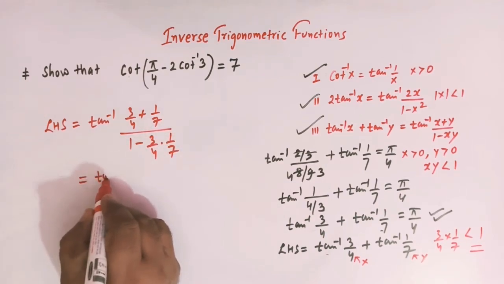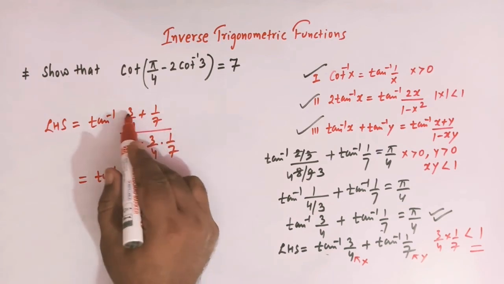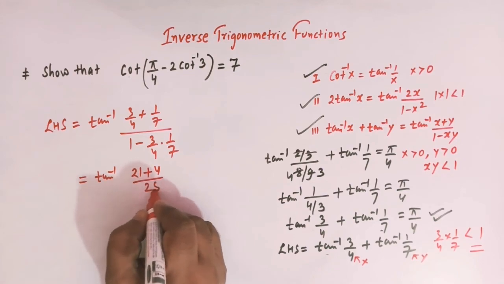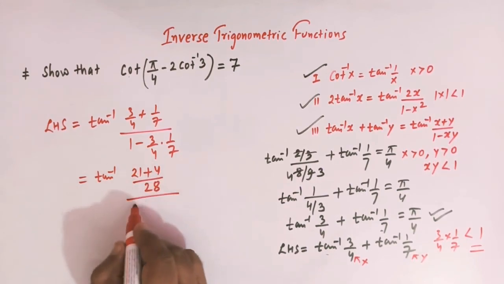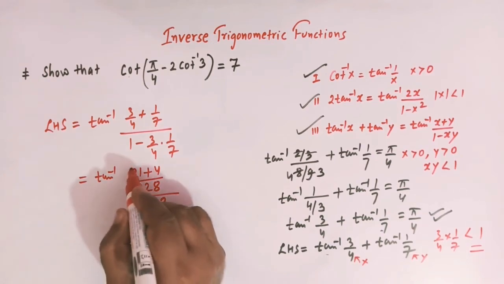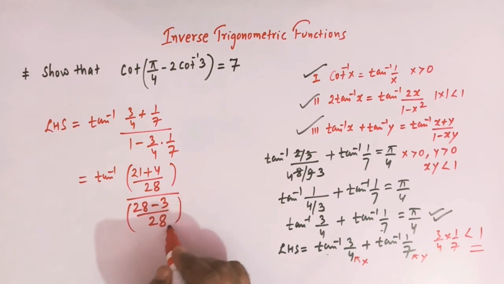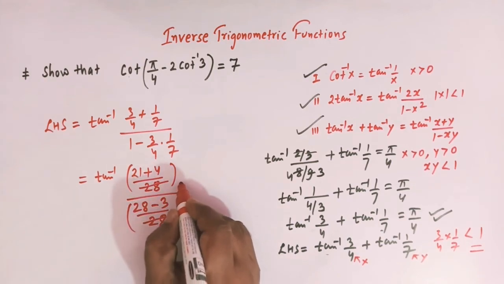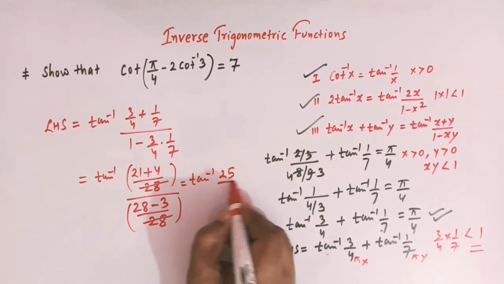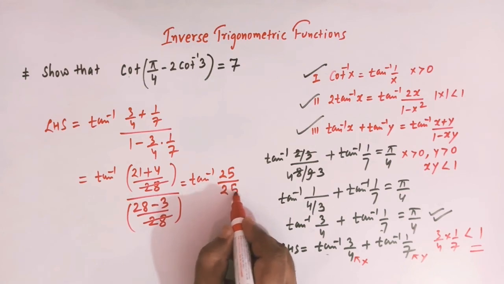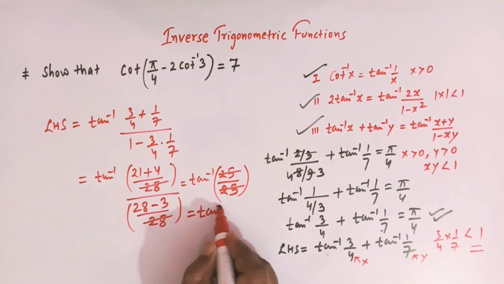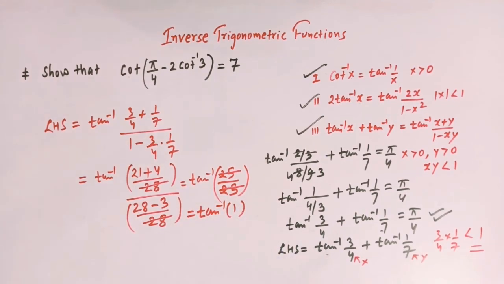We can simplify it: taking the LCM, we have tan⁻¹ of (21 + 4)/28 divided by (28 - 3)/28. Now 28 and 28 get cancelled, and this is 25 divided by 25, and 25 and 25 get cancelled, so we are left with tan⁻¹(1).